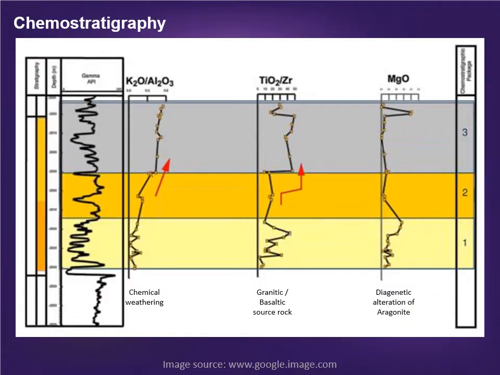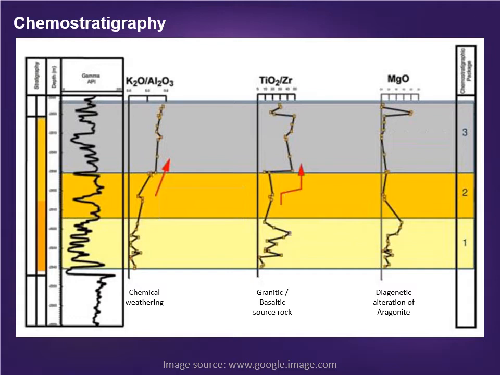Now here is an example of how the elemental concentration will depict certain phenomena. In chemostratigraphy, we are not only considering the elemental concentration of any particular element, but sometimes we also use the ratio between two different elements and their variation through time.